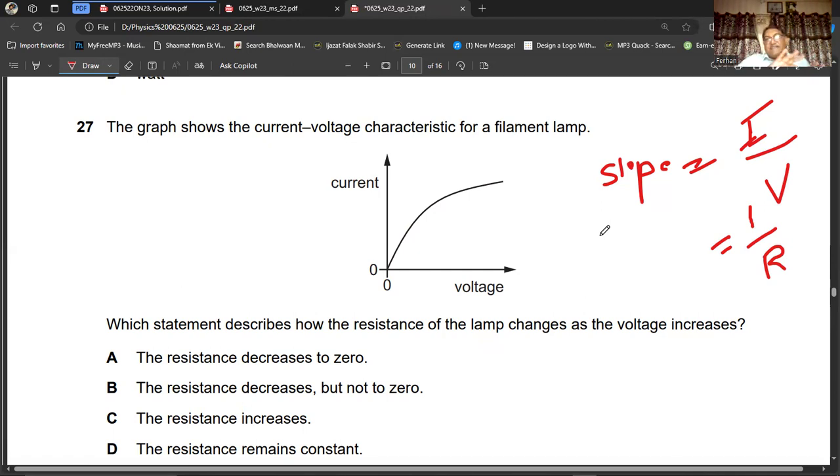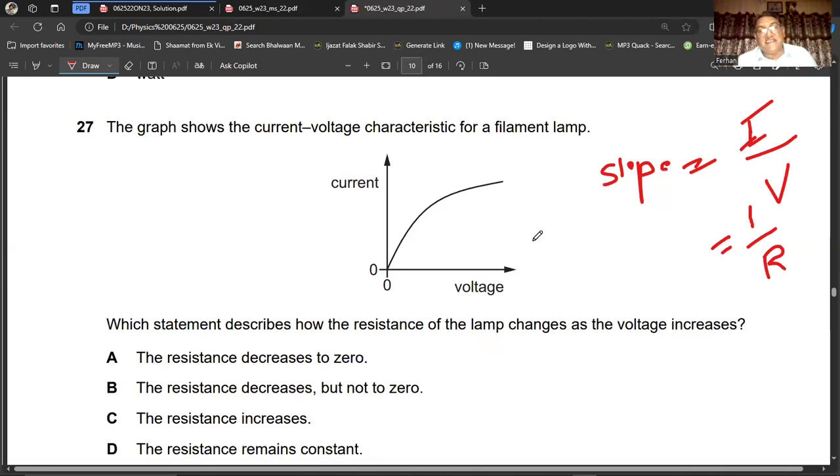If you can see here, the gradient of this graph is gradually decreasing. So the opposite is happening with the resistance. The resistance is gradually increasing. He says, which statement describes how the resistance of a lamp changes as the voltage increases?